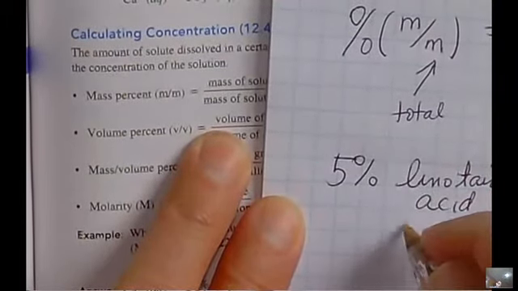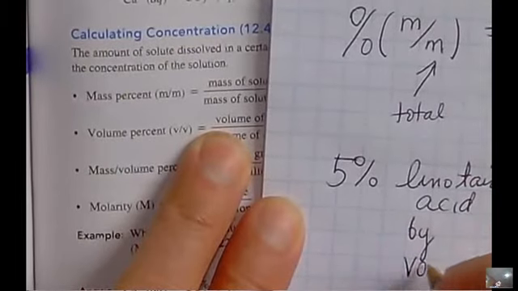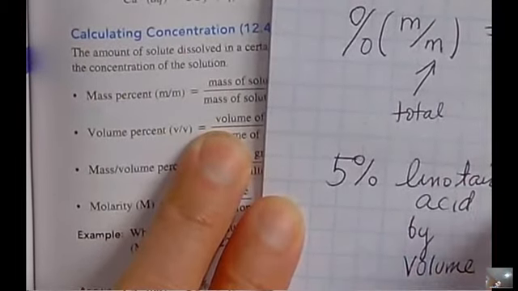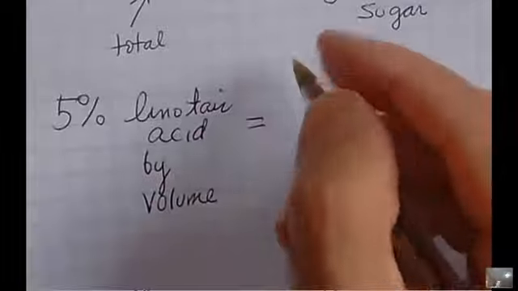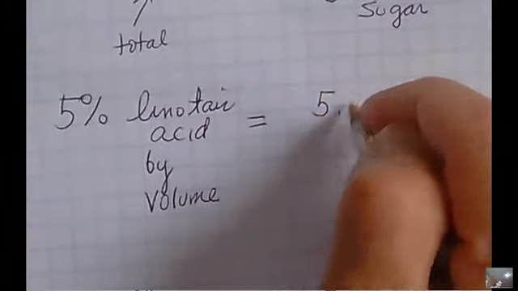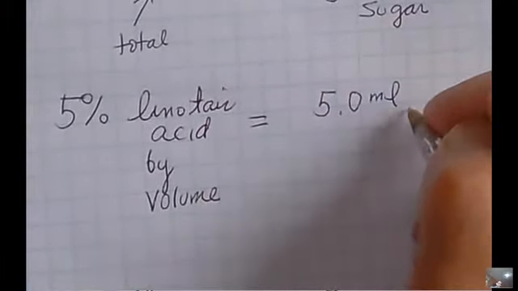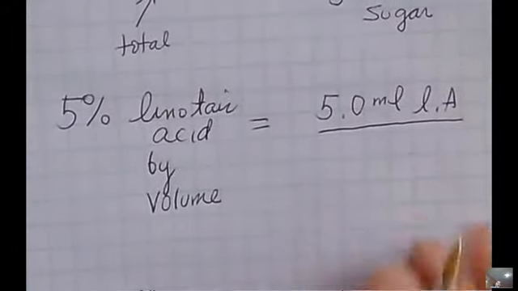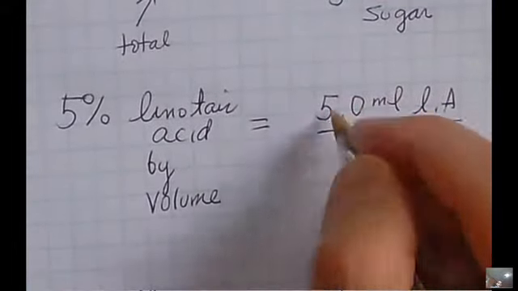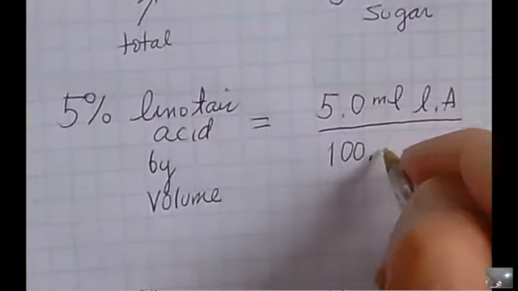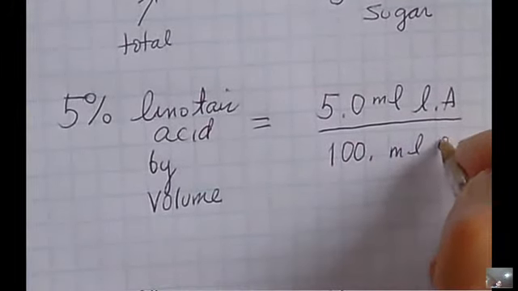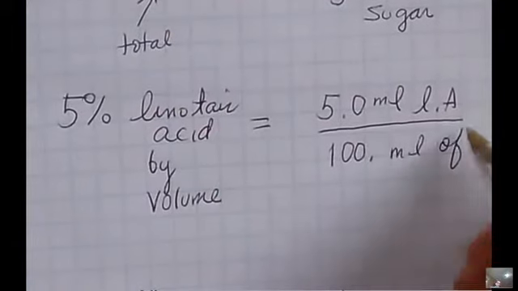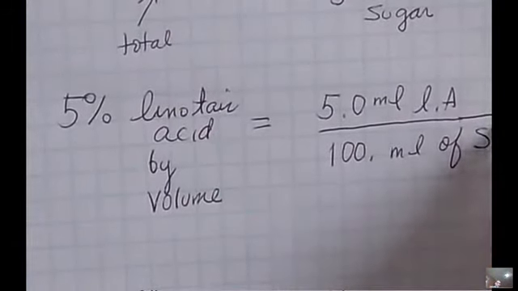It would mean you have 5.0 milliliters of the linoleic acid in every 100 milliliters of the product that you're making. In this case, that would be shampoo.